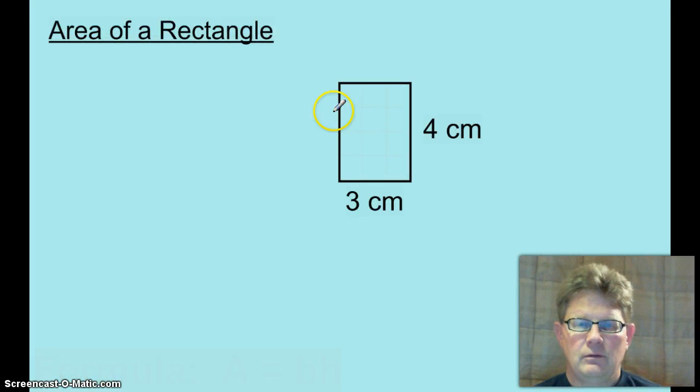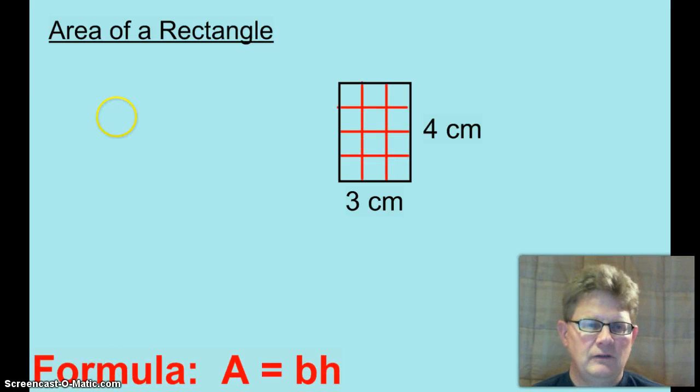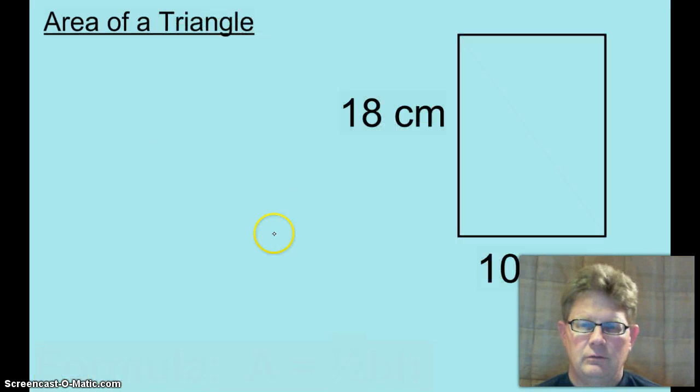The area of a rectangle. The base of that rectangle is 3. The height is 4. The formula is area equals the base times the height. So the base is 3, the height is 4, and the area is 12 square centimeters. Alright, how about a triangle?